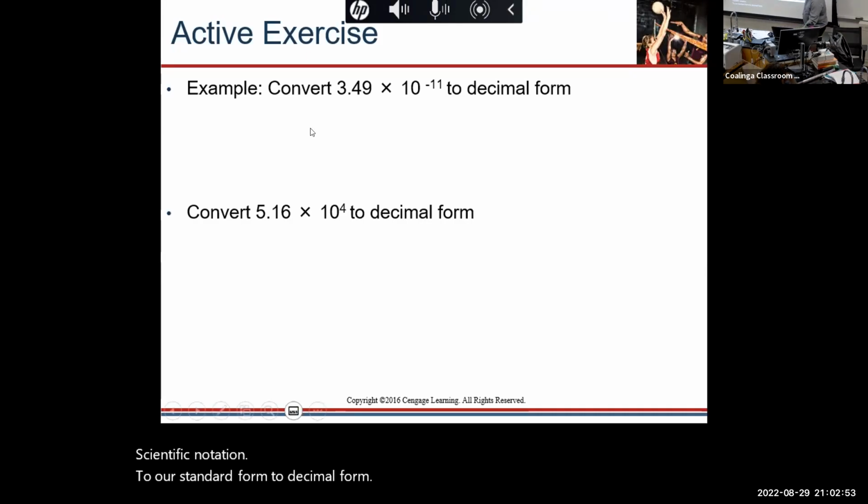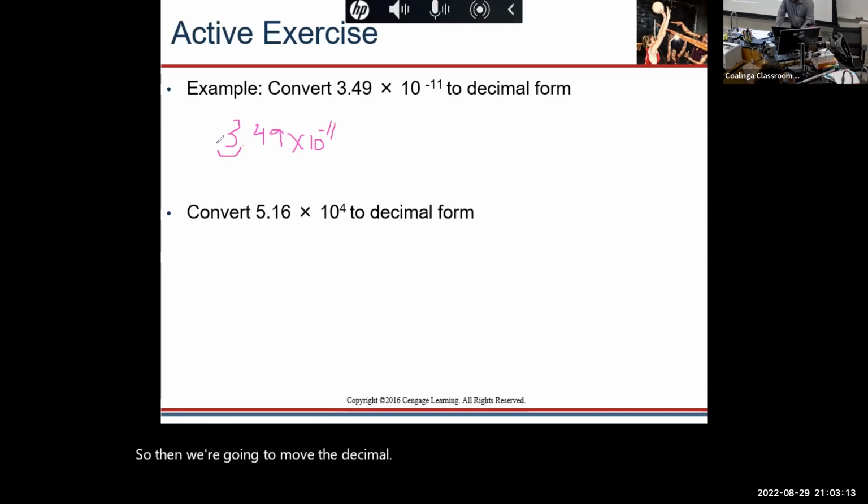So in this case, we're gonna move the decimal over 11 spots. 1, 2, 3, 4, 5, 6, 7, 8, 9, 10.